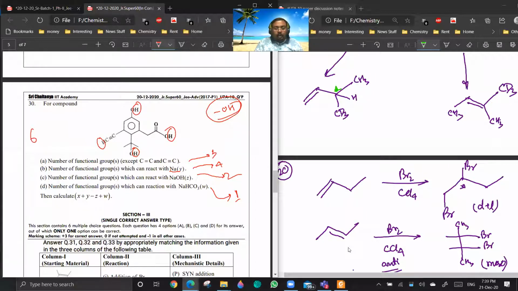This will also not react. These two will react, right? So Z is 2. Yes or no? Yes, sir. And last, sodium bicarbonate test is only given by carboxylic acid, not by phenols or other groups here. So 1.